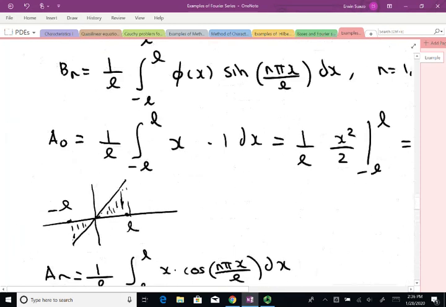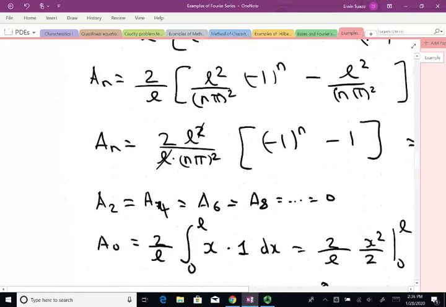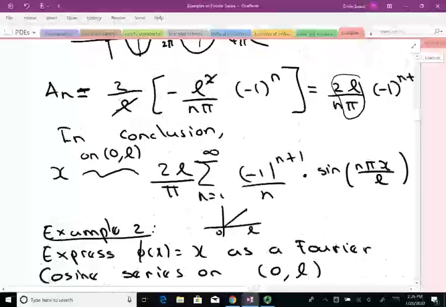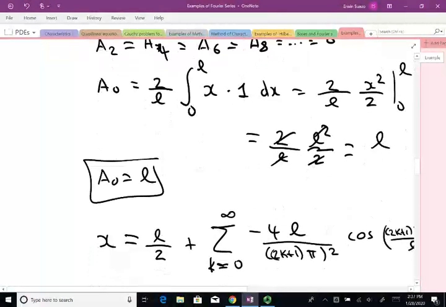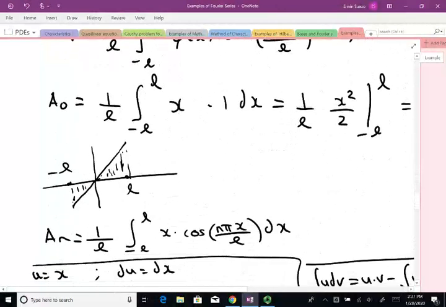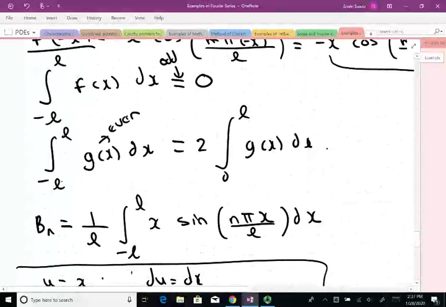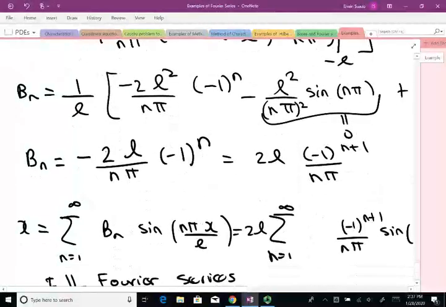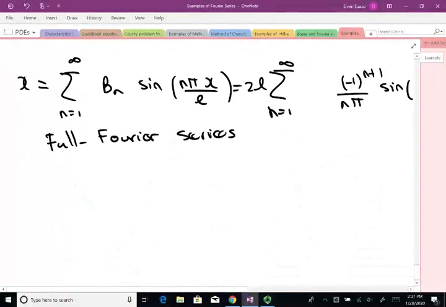And then example 1 gives me this one, 2L over pi, minus 1 to the n plus 1 over n. Because, well, I didn't take the pi out, right?